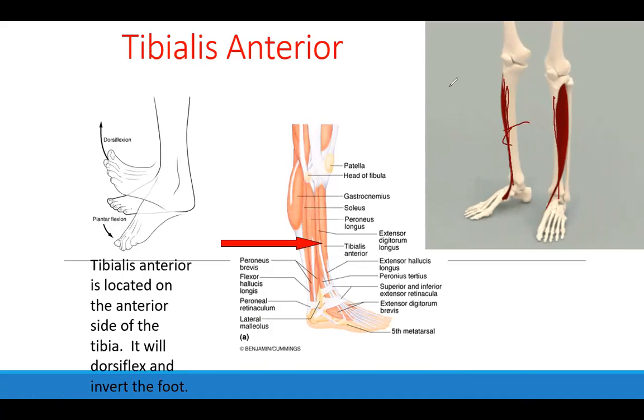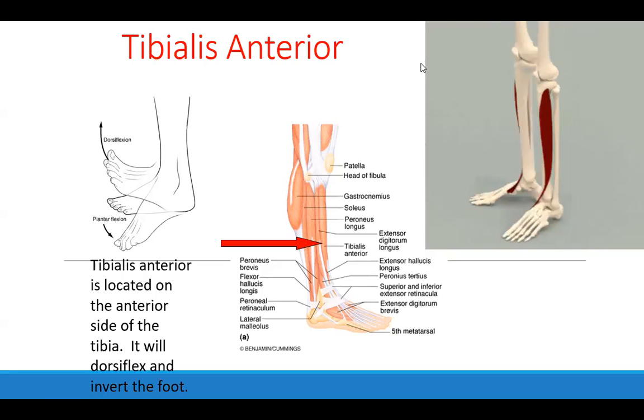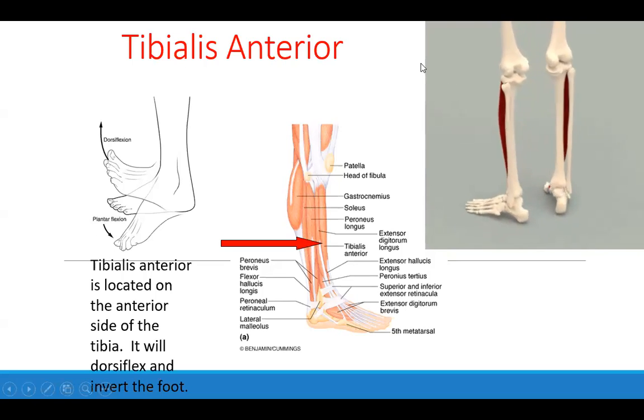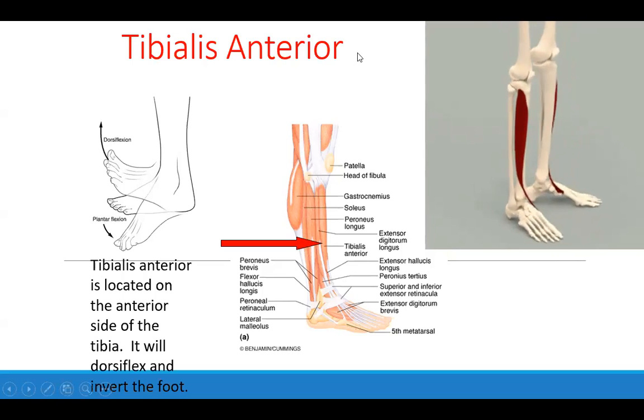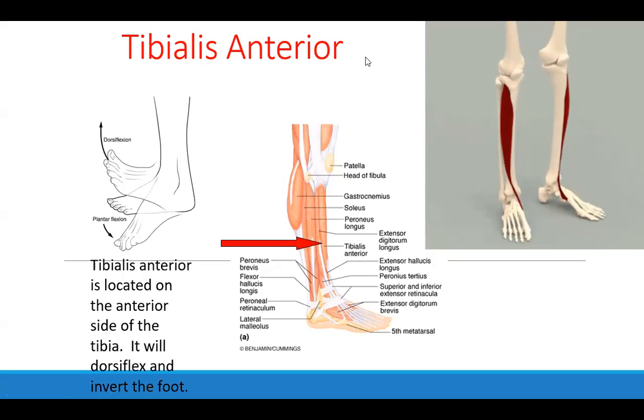Let me clear that off and get it to go around one more time so I can get a better angle on it for you. Right here, this is the anterior crest, that sharp edge, our shin, if you will. The tibialis anterior is just to the lateral side of that.